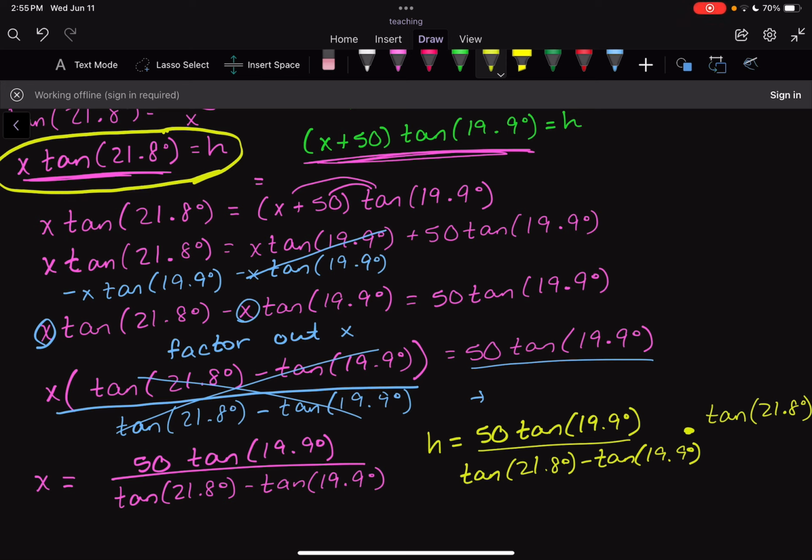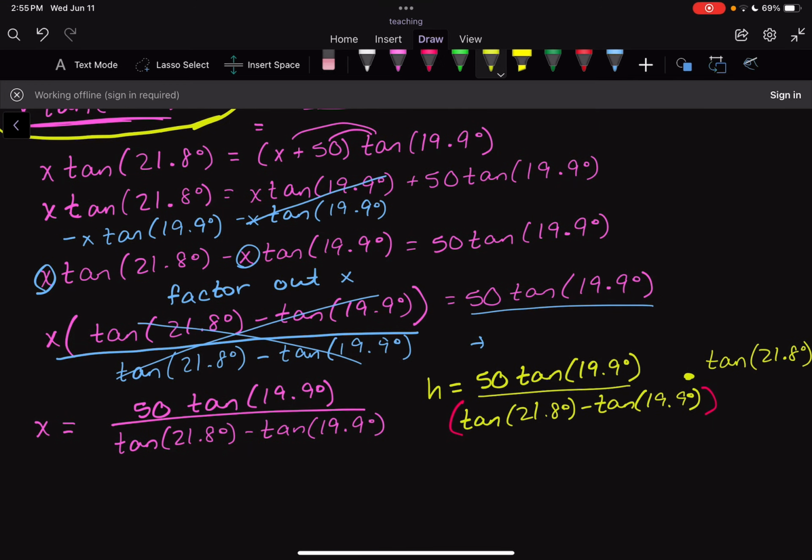Now you have to type it in the calculator. When you type this in the calculator, please make sure you keep parentheses around just the denominator. You can type it all in at once, but definitely be careful, okay? What you should get for your answer is that h is equal to, I'm actually going to plug it into my calculator. I have the answer in my notes, but sometimes I don't trust myself because I don't know how long it's been since I wrote it.